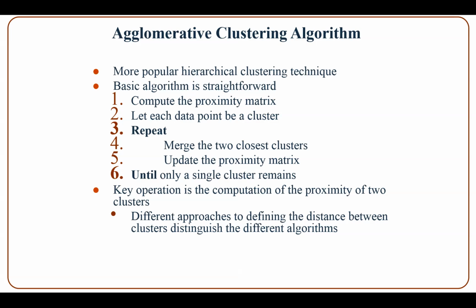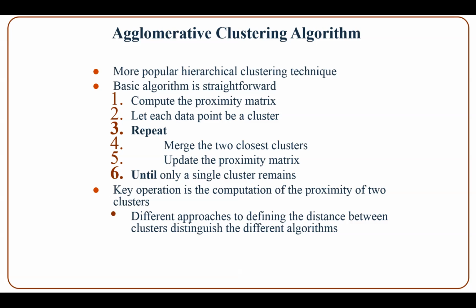The agglomerative clustering algorithm is popular. The basic algorithm is straightforward. First, we compute the proximity matrix, then let each data point be a cluster, and then repeat.